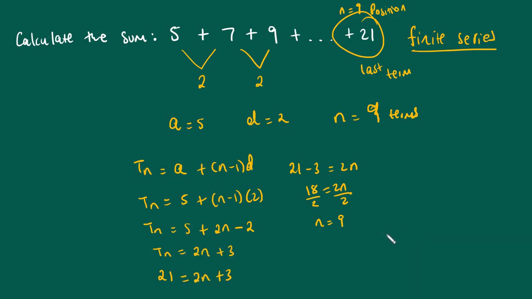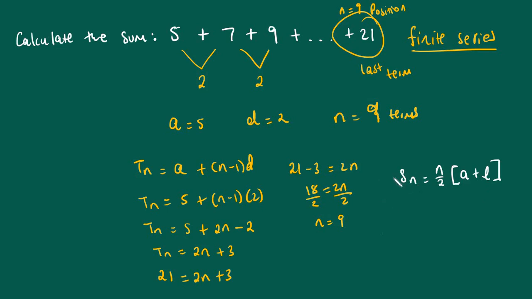Remember, S of n, which formula did you choose then? I chose S of n is equals to n over 2, bracket a plus l, close bracket. A plus l. Why this one? You said that if we are given the last term, we can just put it there. So I got the last term, which was 21, and I just plugged it in.